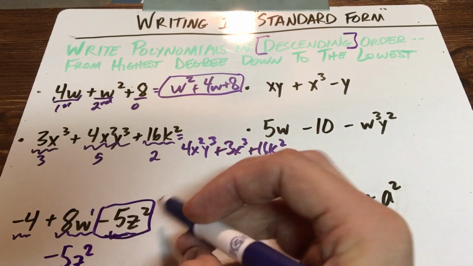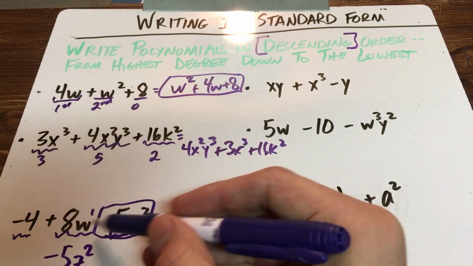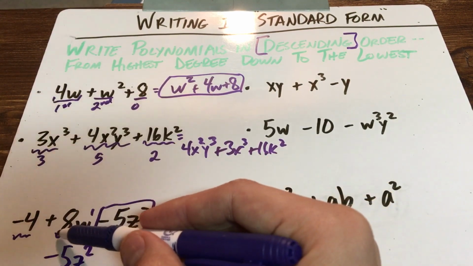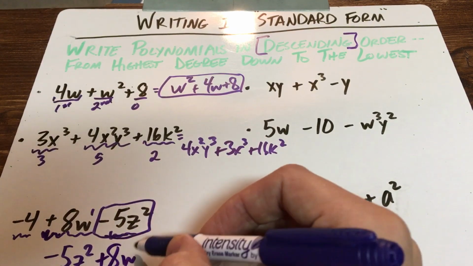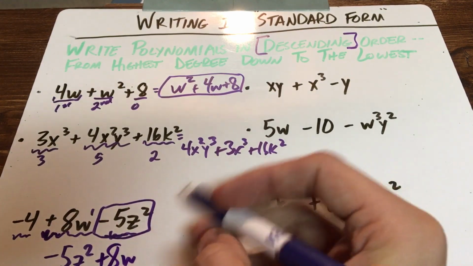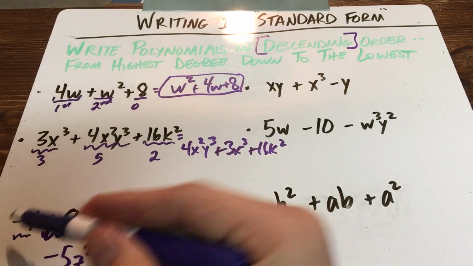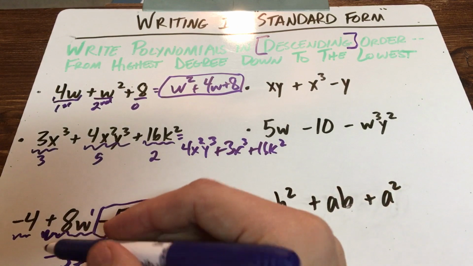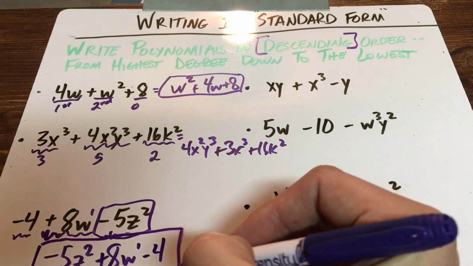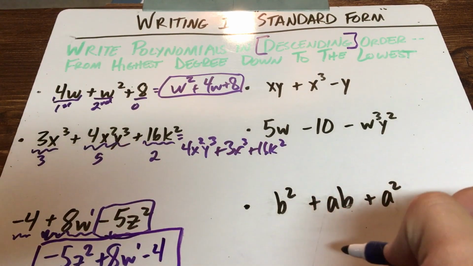Kids that aren't really paying attention will just put 5z squared. That negative sign is a part of it, right? And same thing with the 8. Right in front of the 8 is a plus sign, so that should be plus 8w. And you can put the 1 on there if you want. It's really not a big deal. And then the 4 has a minus or a negative in front of it. That's going to go last because that's 0 degree, right? So this is standard form. Put it in order from highest degree to lowest degree.